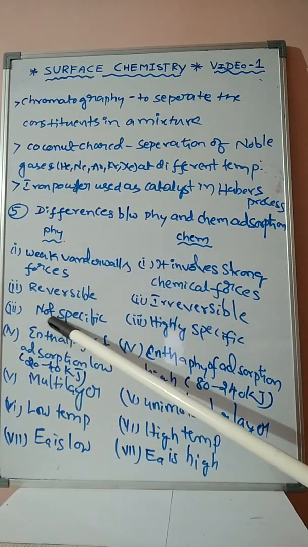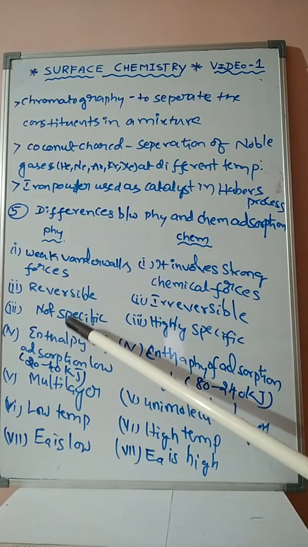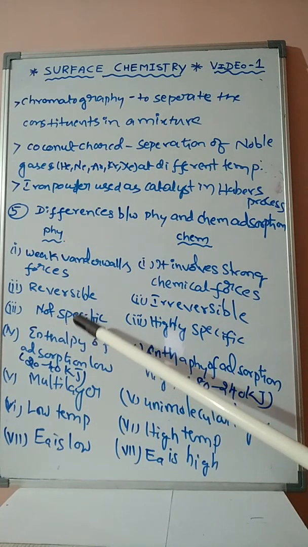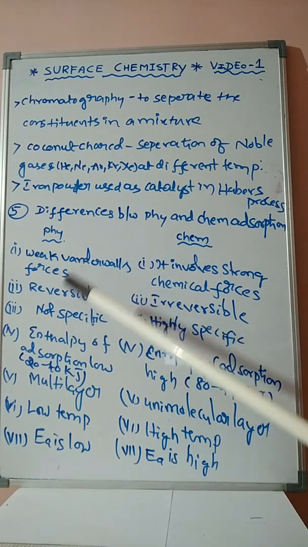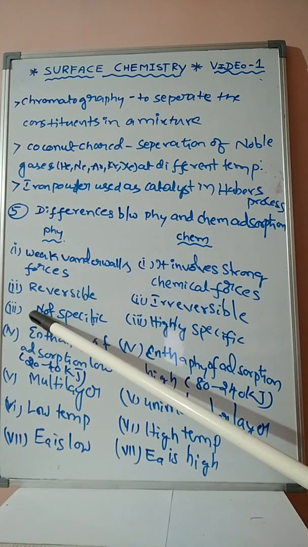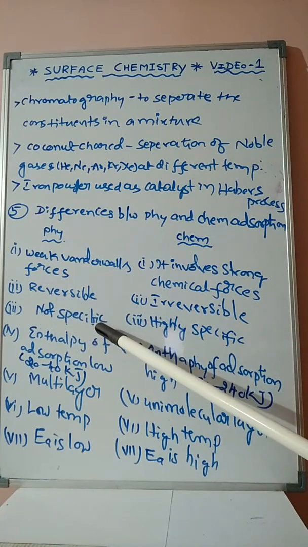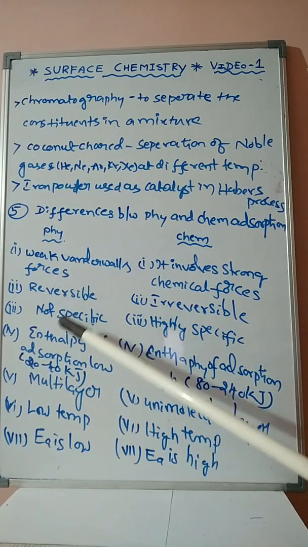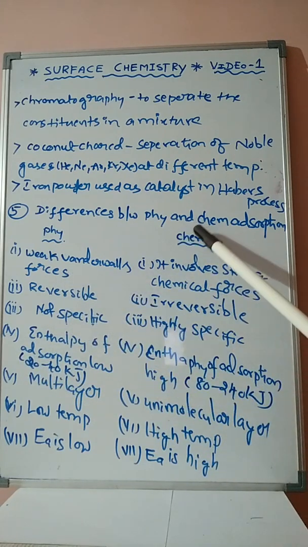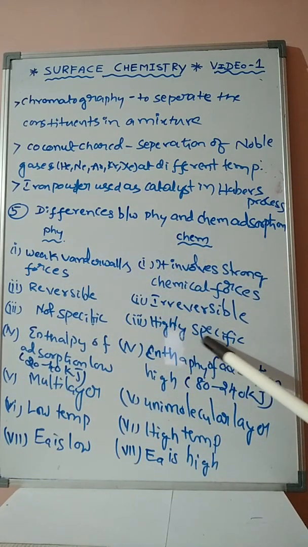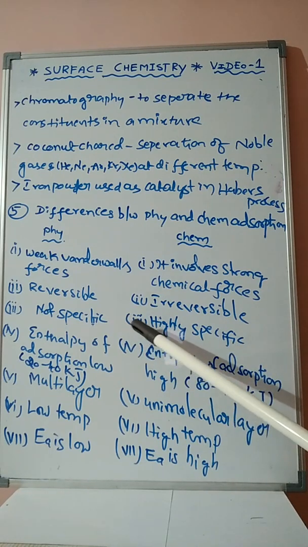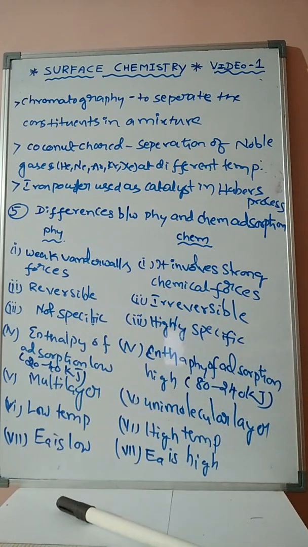Physical adsorption is not specific in nature. That is, all types of adsorbate are adsorbed on the surface of the adsorbent if surface is available. There is no special condition. But chemical adsorption is highly specific in nature. Particular gases only are adsorbed on the surface of the adsorbent.